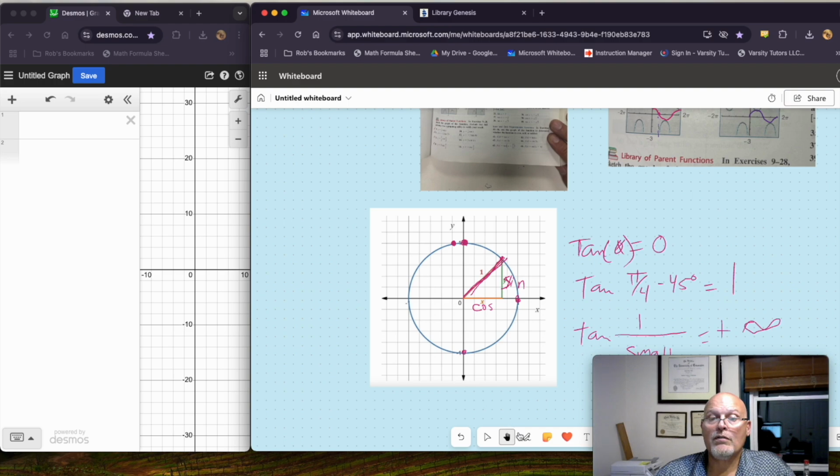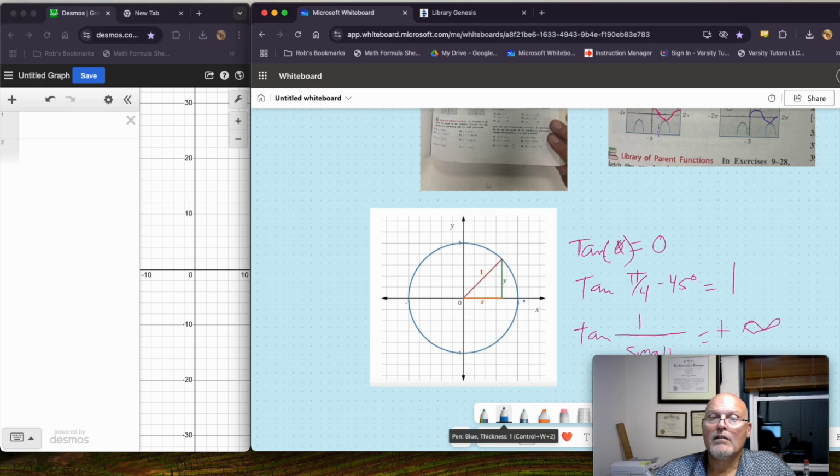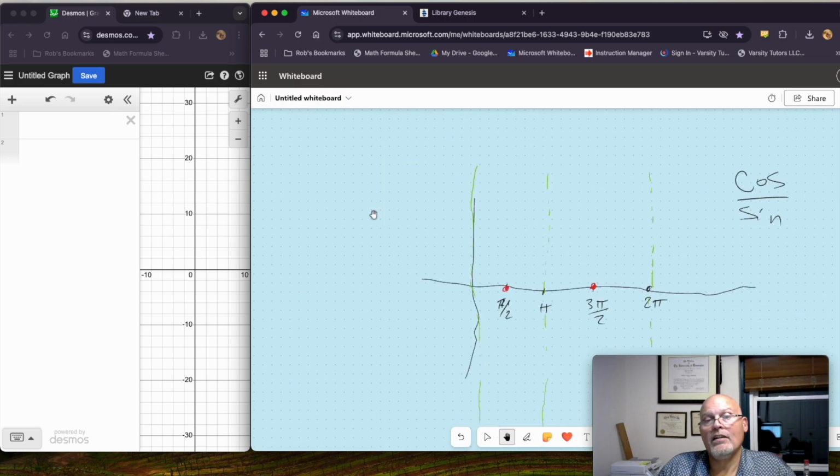So if I am close to 0, right, then if I'm just a little bit above 0, my sine is going to be positive but very small, and cosine is close to 1, which means I'm going to be at positive infinity. So my cotangent function is going to have a vertical asymptote heading up that way.